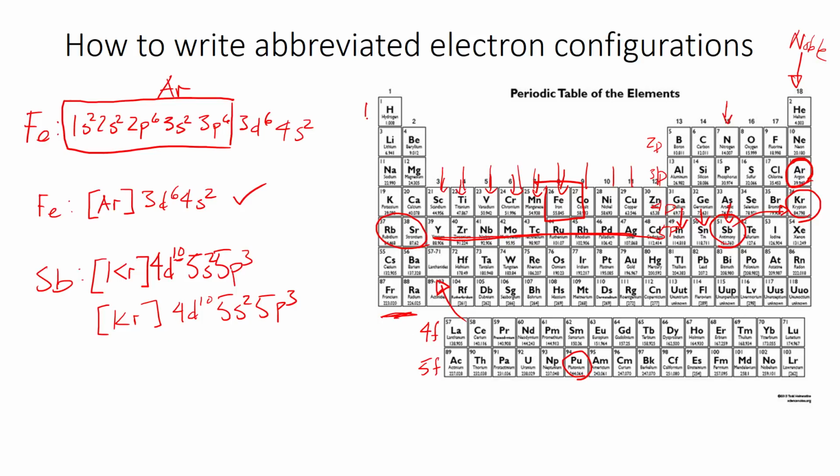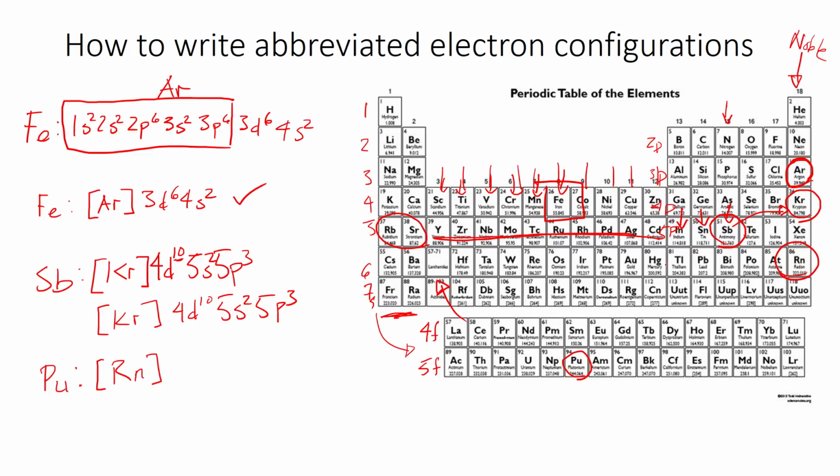Okay, remember? 1s, 2s, 3s, 4s, 5s, 6s, 7s. 7s and 5f. So to do plutonium, we look at the prior noble gas, which is right here, which is radon.